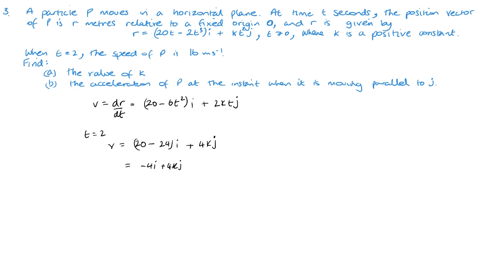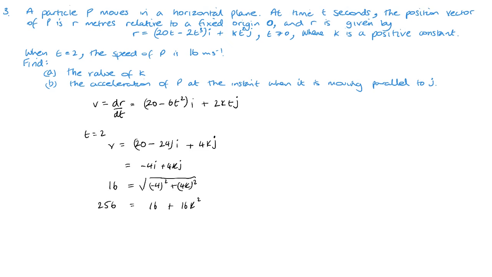Now obviously we want the speed. Speed is 16, so that's going to be the Pythagoras. So this would mean that the square root of minus 4 squared plus 4k squared is equal to 16. Now what I can do is, to get rid of the square root, square both sides. So 16 squared is 256. And now I've got rid of the square root, so minus 4 squared is 16, plus the 4k squared is 16k squared.